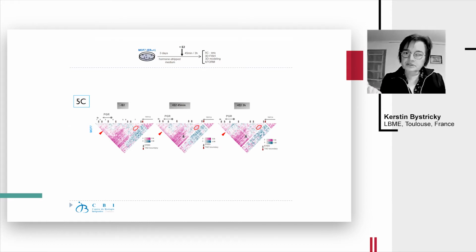You add estradiol, so something has to happen very quickly so that within 10 to 30 minutes, you can actually transcribe the gene. So you have to look closer into detail, and then you depict these areas that pop up here and here that correspond to these enhancer sites that then interact either with each other or with the receptor gene itself.